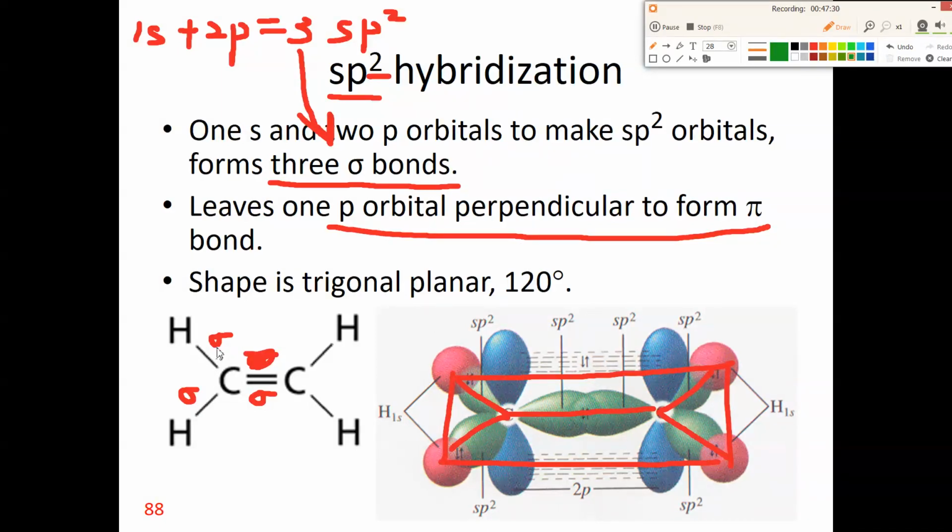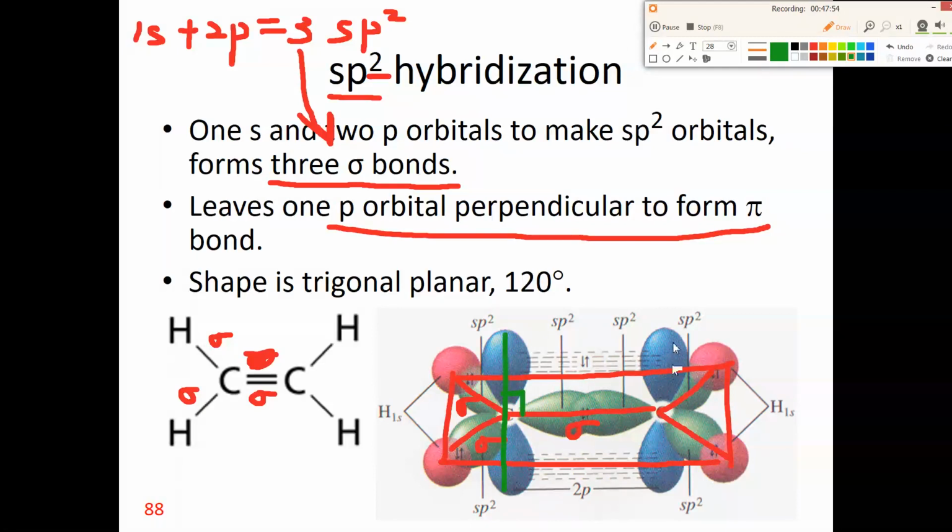All the red color is sigma bonds. So the pi bond comes from this one, which is perpendicular, 90 degrees to this plane.